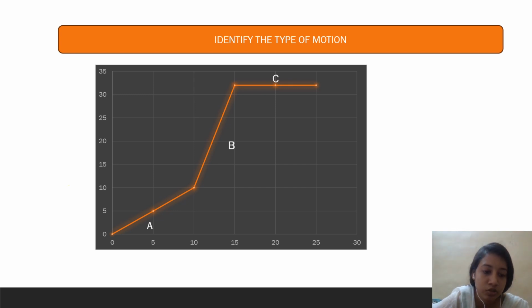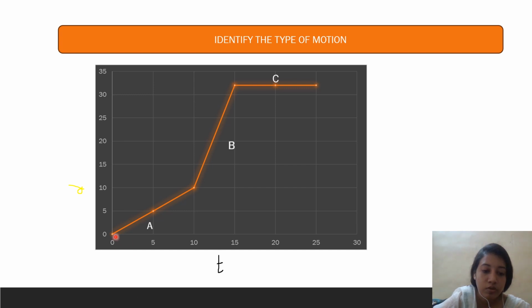Here it should be the distance, given in meters, and for the x-axis we have to plot the time, given in seconds. So as you can see, the x-axis is time and the y-axis is distance.